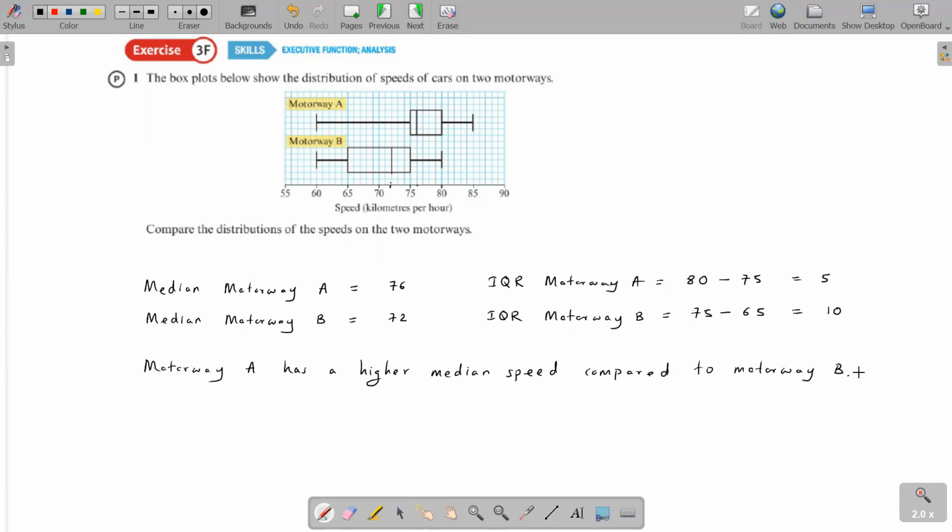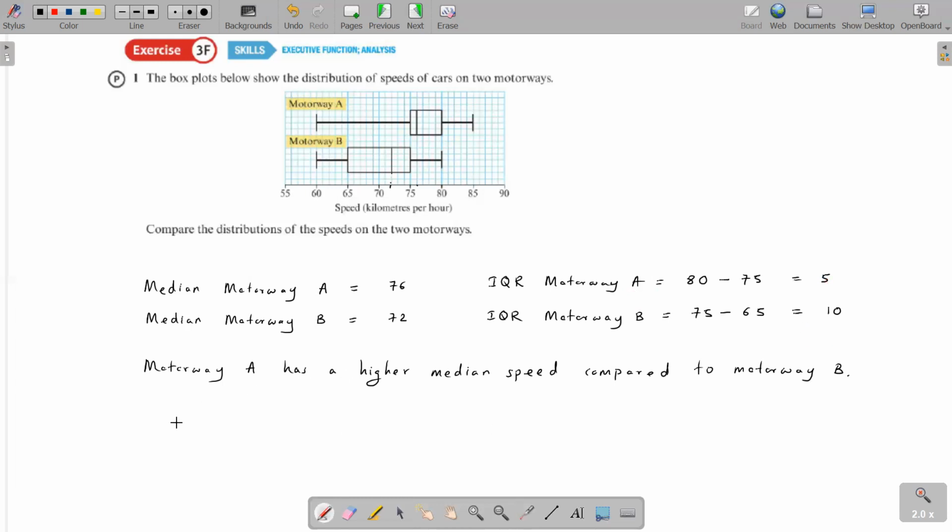And the next one, in the measure of spread. Measure of spread means the interquartile range. It shows how the speeds have spread, right? Basically, it shows the spread of the speed. When you compare the spread of the speed, motorway A has a lower spread while motorway B has a higher spread.